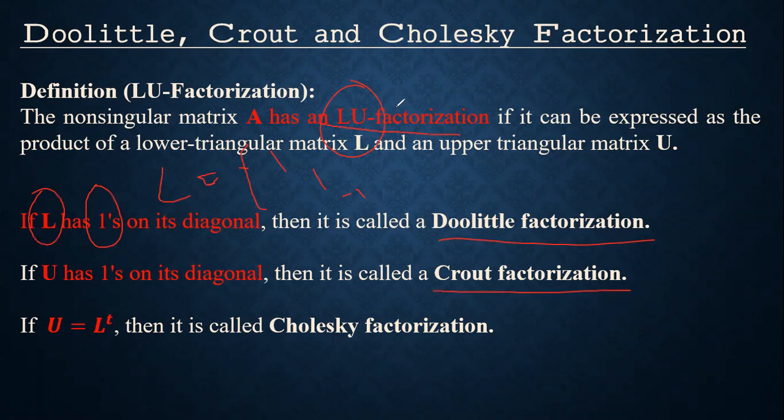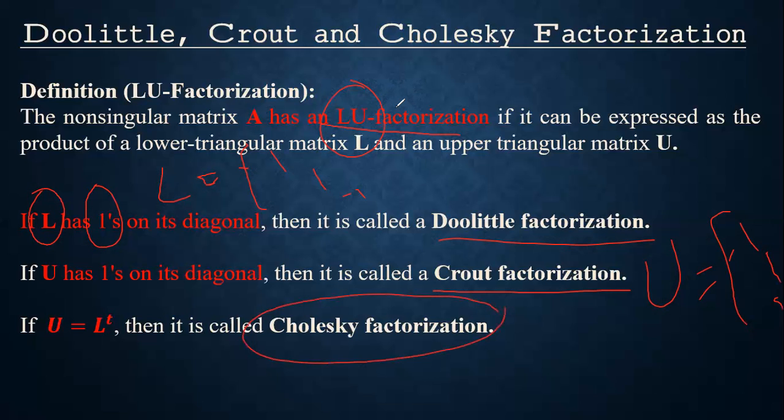In the Crout method, you will have U, and this diagonal must have 1, 1, 1. And the Cholesky factorization method will have U equal to the transpose of lower triangular. So A will be now L into L transpose. Okay, got it?